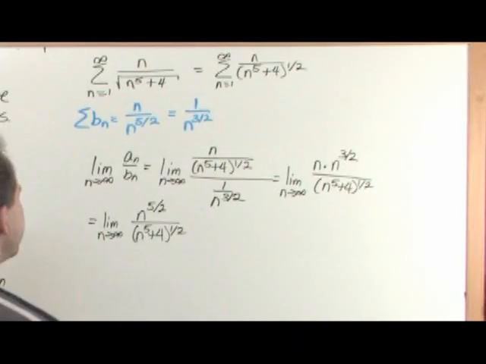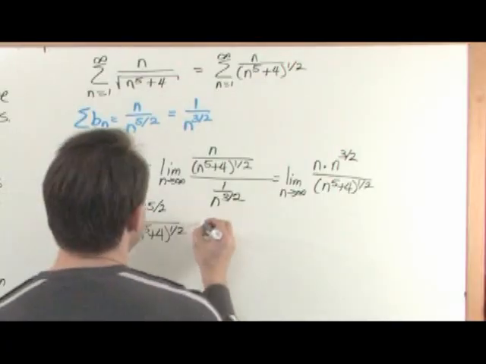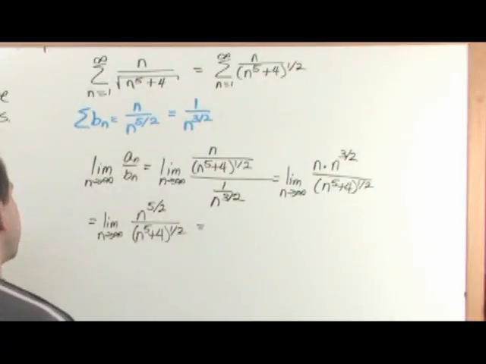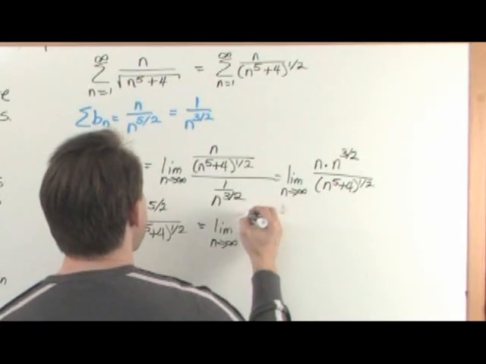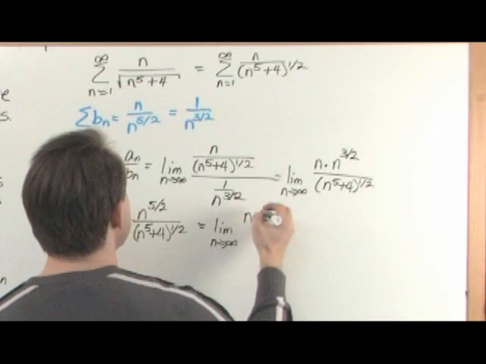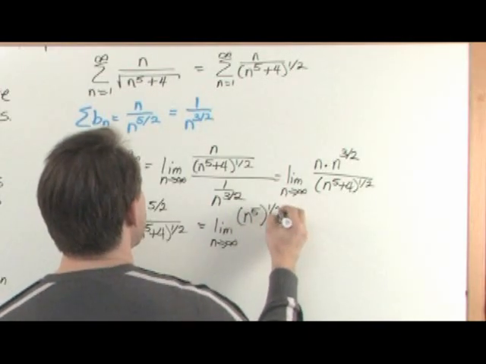Okay, now notice I have n to the 5 halves on the top, and I have something with a radical on the bottom. So I'm going to keep beating this thing into shape so that I can do something clever here to figure out what this limit is equal to. I'm going to write the top as n to the 5th power, raised to the 1 half power.